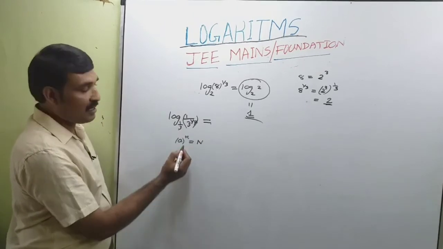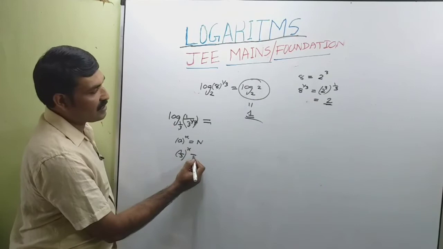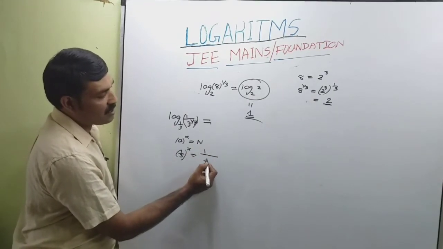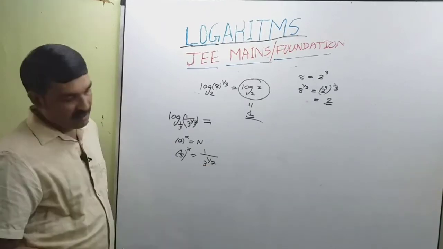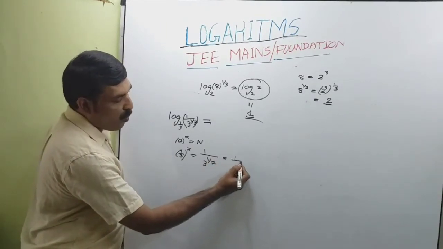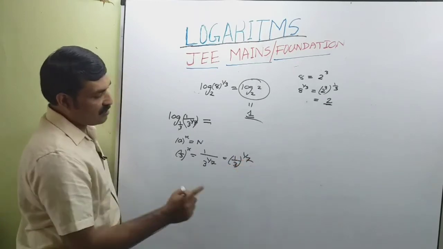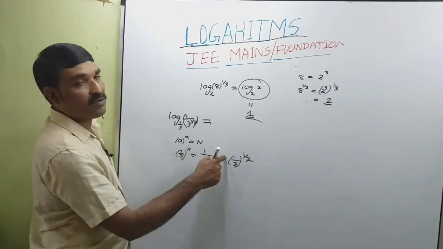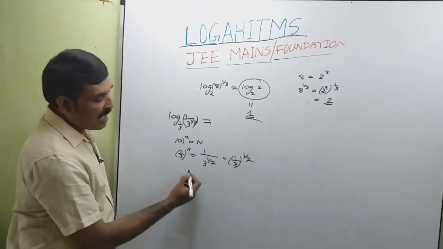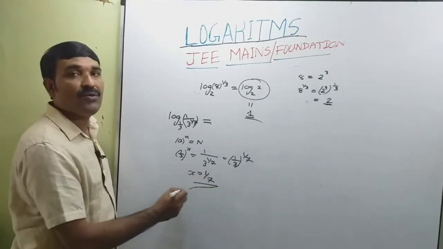Here a is 1 by 3, that is 1 by 3 raised to x is equal to n. N is 1 divided by 3 raised to 1 by 7. That means 1 by 3 raised to x is equal to 1 by 3 raised to 1 by 7. Now comparing the powers, x is equal to 1 by 7 is the value of x.